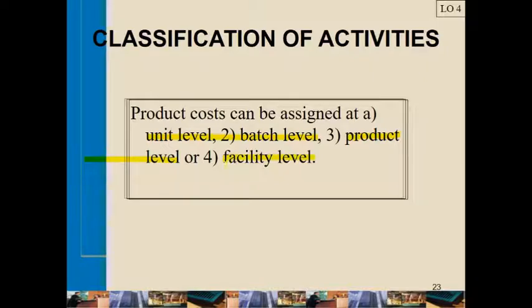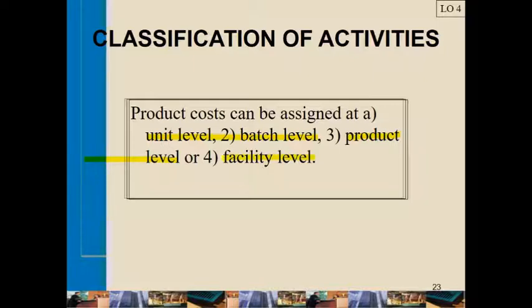The facility level is not activity based, right? Again, you cannot pinpoint it to a specific product since its effect is for the whole facility. So this poses a problem for the ABC philosophy. Tracing these activities to individual products is very hard to do. That is why facility level activities are usually treated as period costs under ABC costing.